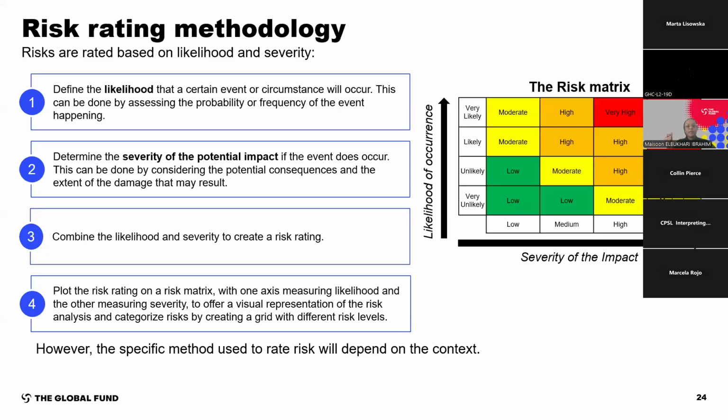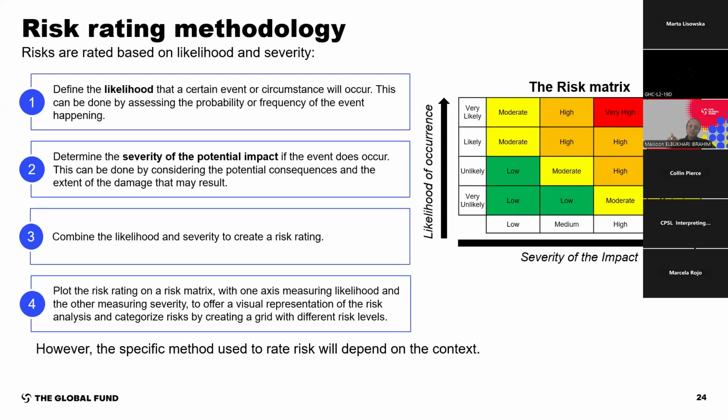As a result, there will be an interruption in treatment for HIV, TB, and malaria services. And this will have a high impact on the program. So it means that the overall risk rating, likelihood, likely or very likely, impact, severity of impact is high. So it means that the overall risk rating will be high or even very high, unless we manage this risk and invest in mitigating actions.